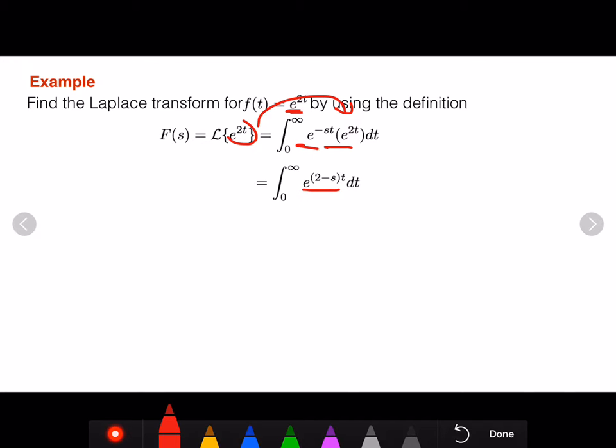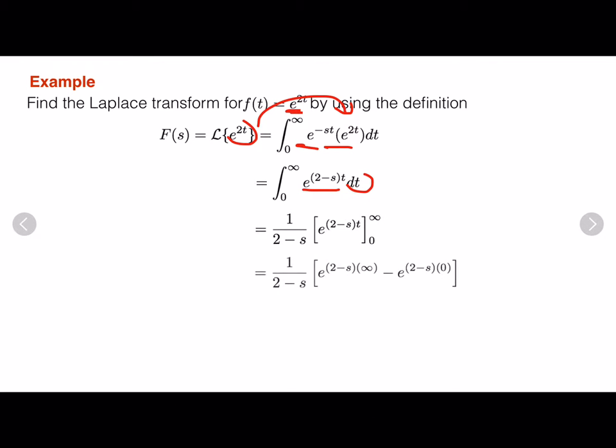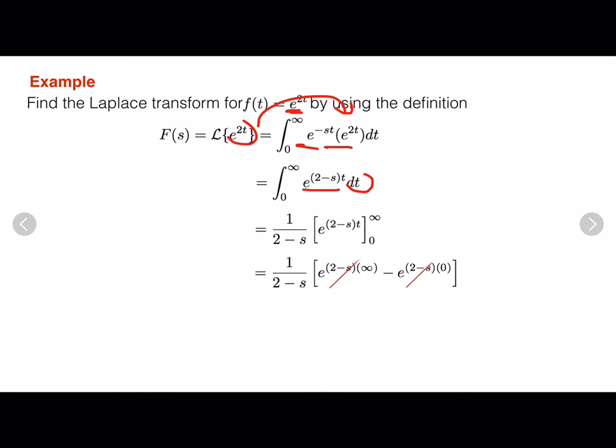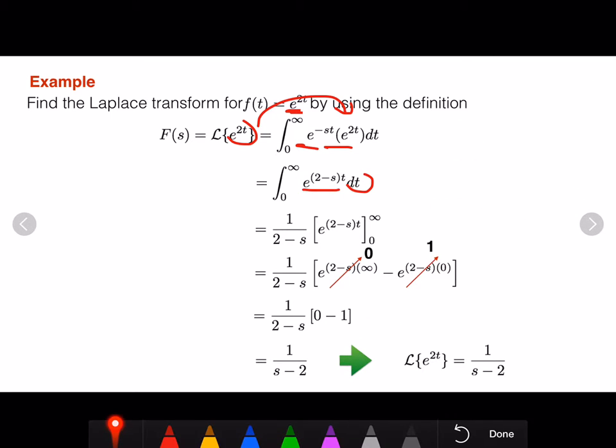Then I integrate with respect to t and get this, and proceed. Then I simplify and substitute infinity and 0 for t. Of course for infinity you get 0, and for 0 you get 1. So you get the answer, which is the Laplace transform for this one.